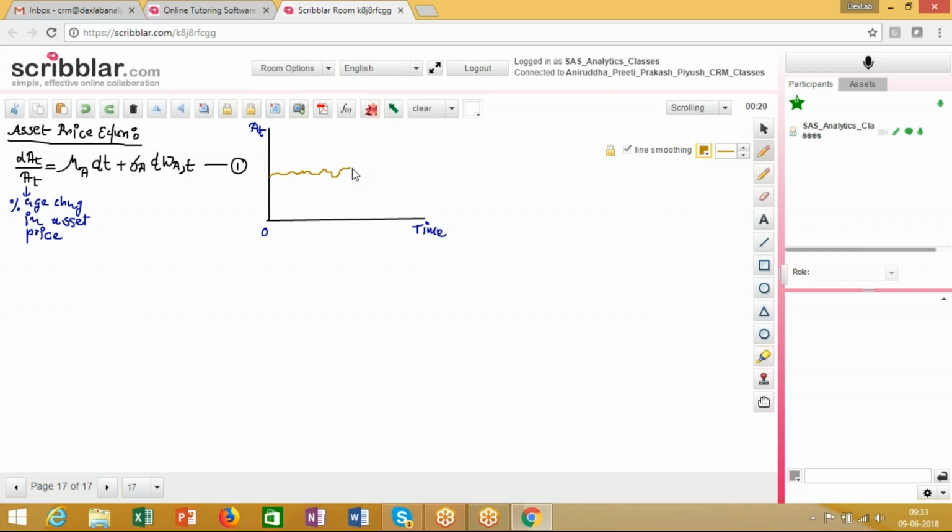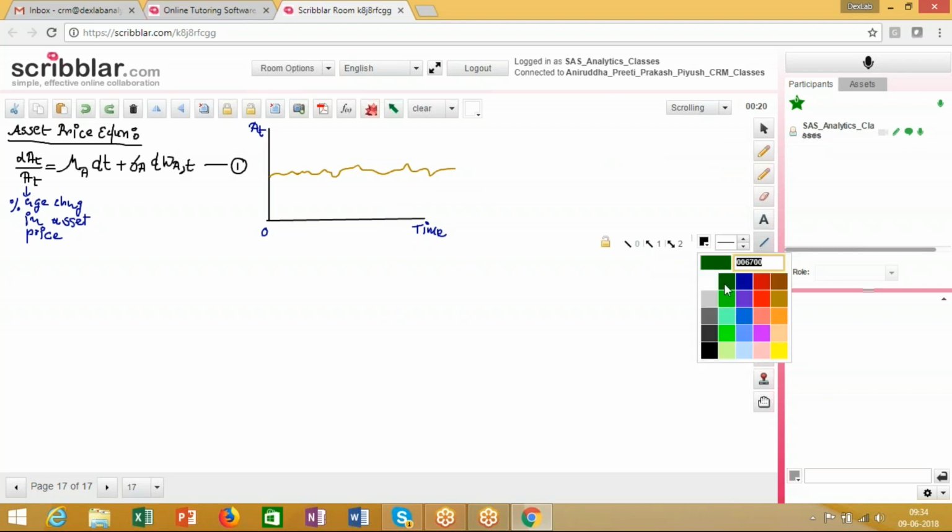This is how it will go, right? But the fluctuation will always happen about a given average value.